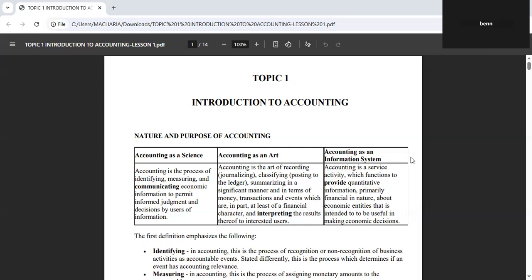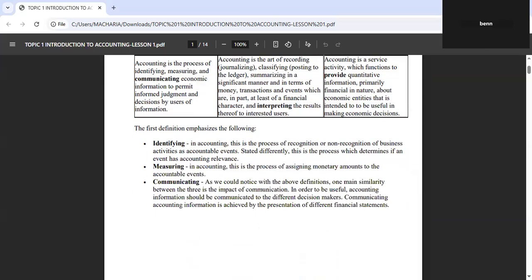Now, having looked at the different ways we can define accounting, we move to the next stage and ask ourselves, from the above definition, what do we pick out that is common among the three? One, we are finding that accounting involves identifying. Therefore, in accounting, this is the process of recognition or non-recognition of business activity as accountable event.